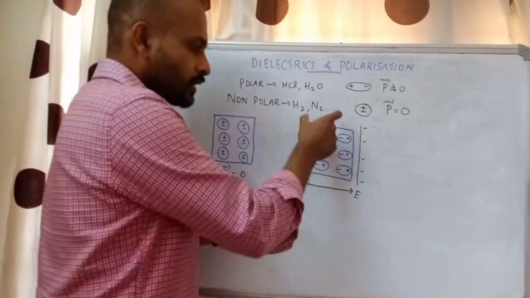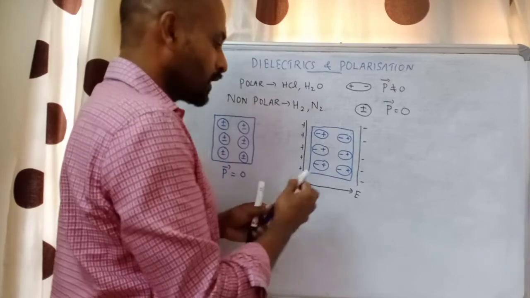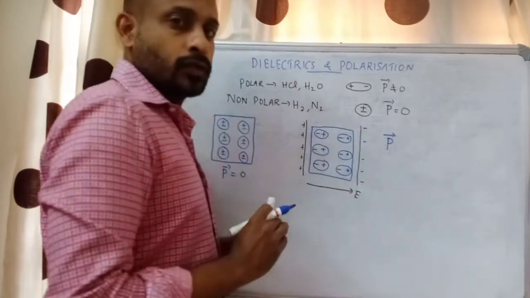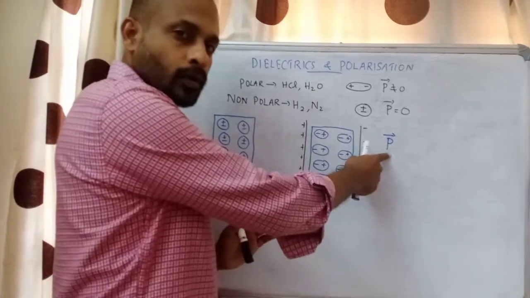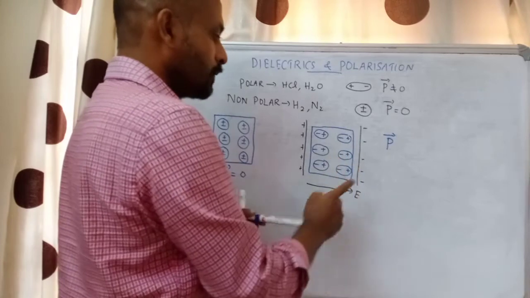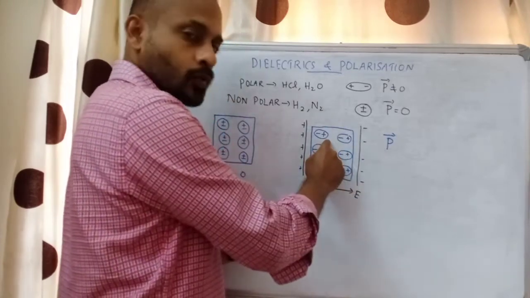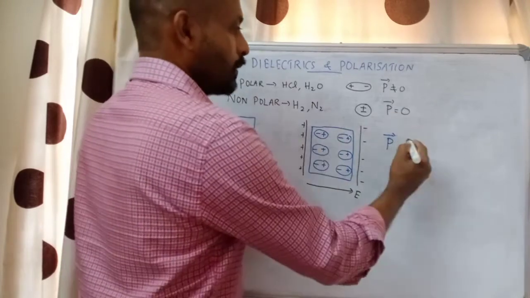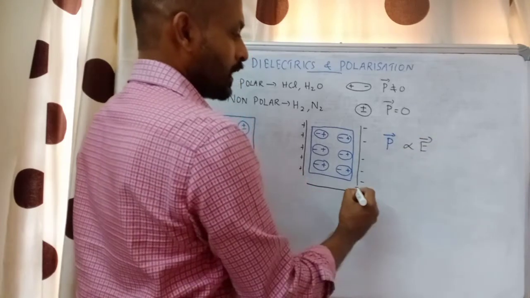Now after polarizing, this is called polarization using an external electric field. After polarization, let vector P be the dipole moment per unit volume of the dielectric. And it is seen that if we increase the electric field, the dipole moment also increases for the induced dipoles. So we can write the relation: vector P is directly proportional to the externally applied electric field.